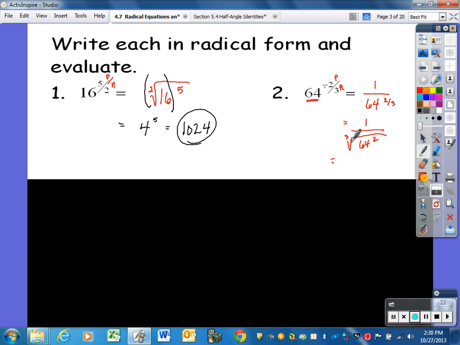We always do the root part first. The cube root of 64 is 4. I still have to square, is 16. And I just did the same thing most of you will do. I can't forget that it is 1 over 4 squared, 1 over 16.